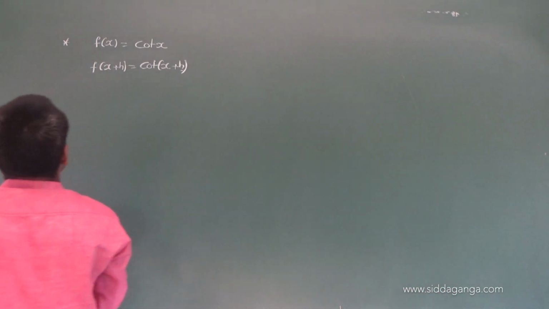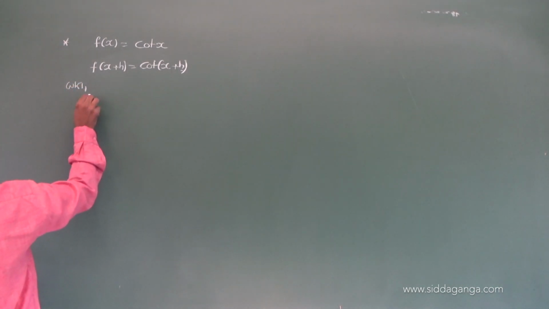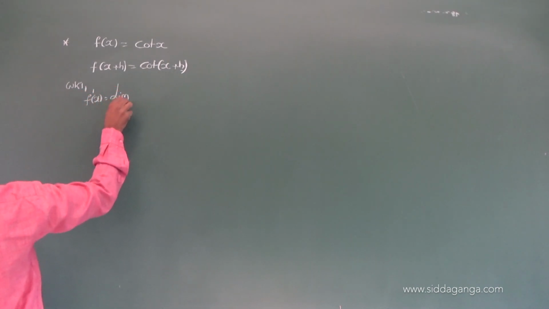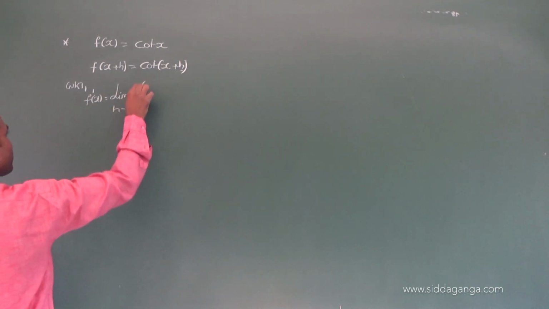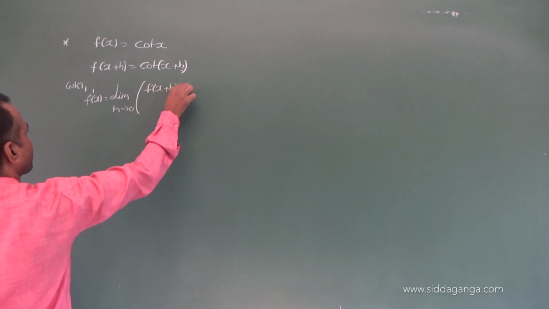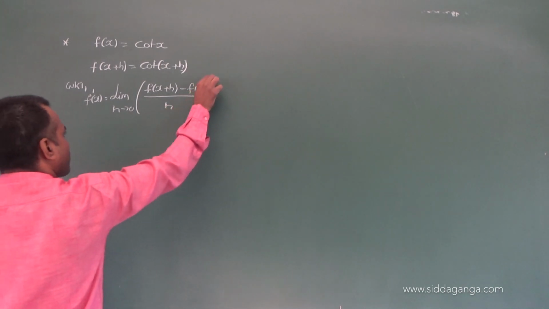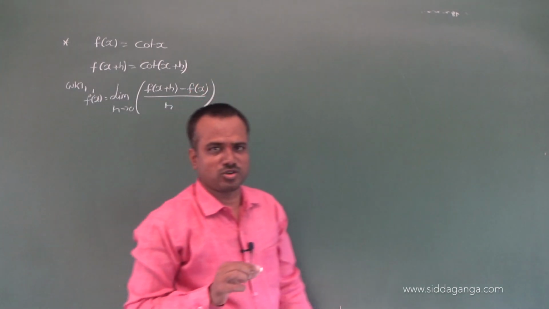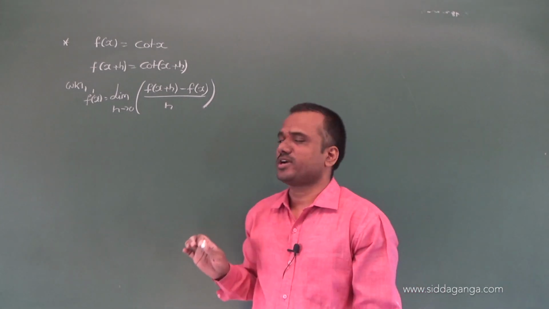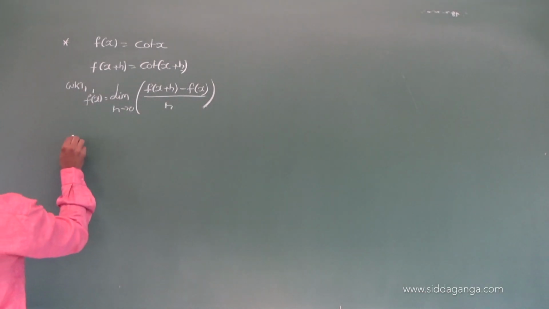First principle formula we know: f dash of x is limit h tends to 0, f of x plus h minus f of x divided by h.